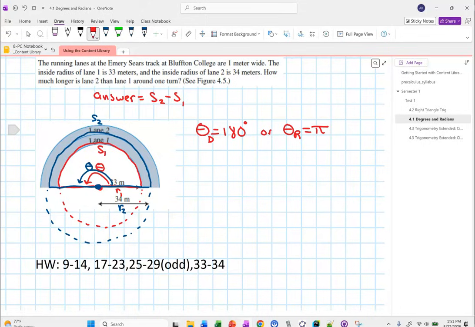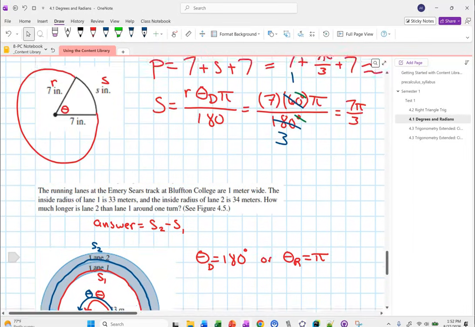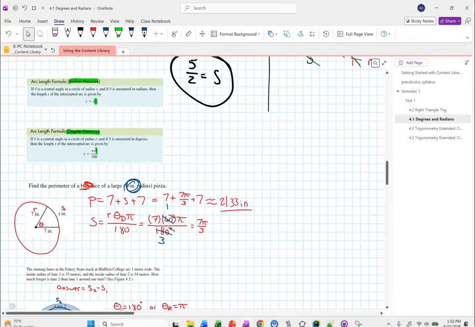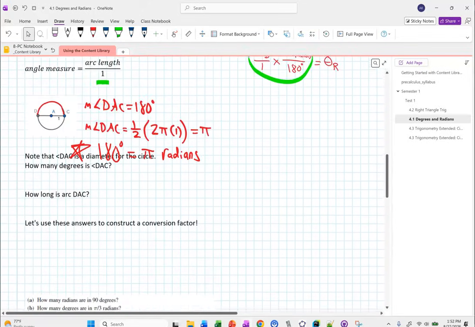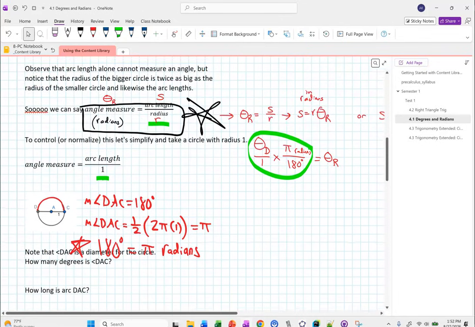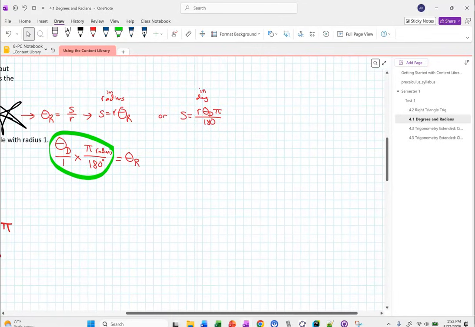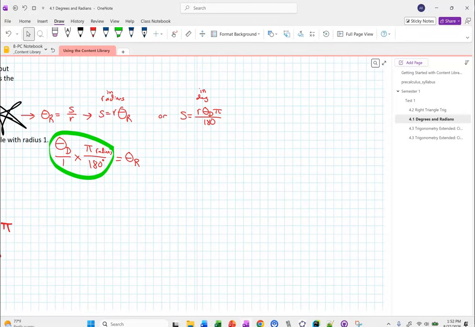Does it matter which one I use? No. I just have to make sure whichever one I choose to use, I use the appropriate formula to go with it. Okay? So, if I look at my two formulas for arc length that we quoted back here, where did they go? They're up here. Yeah, there you are. Which one is simpler to use? Which one has less going on?